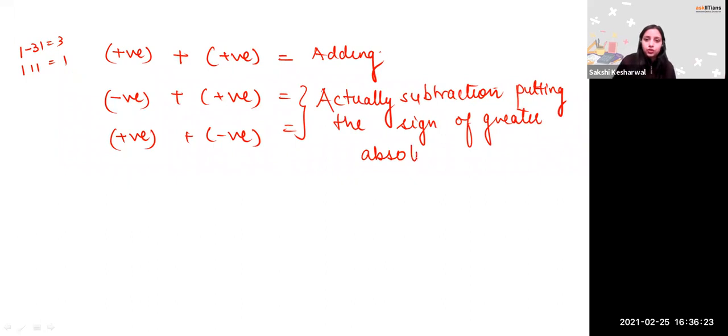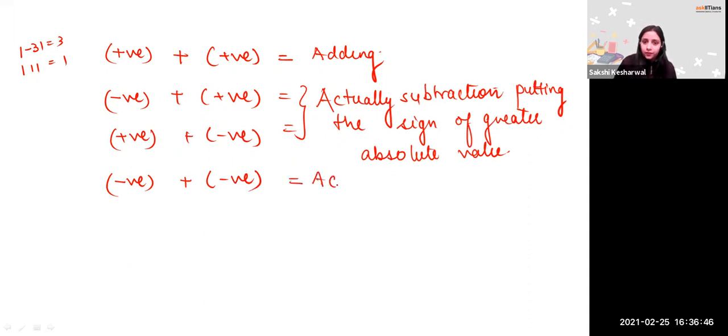And when we are adding a negative value plus a negative value, what happens?